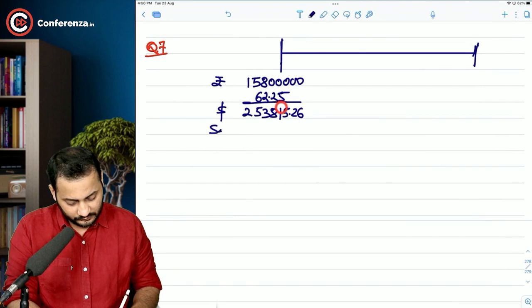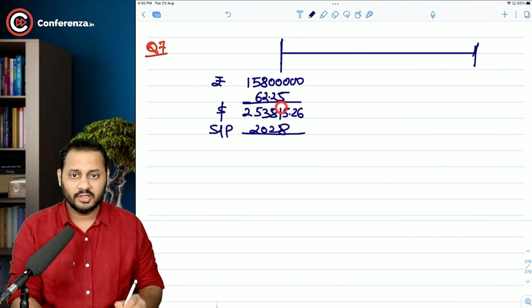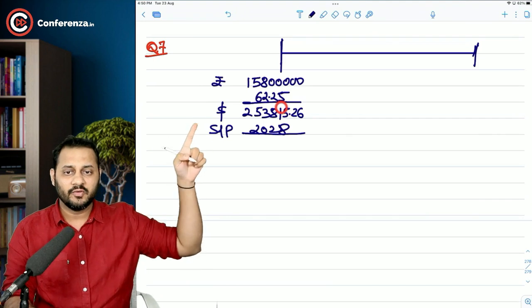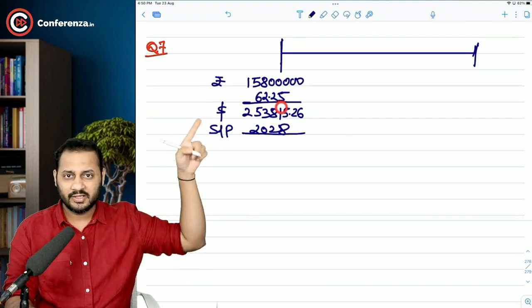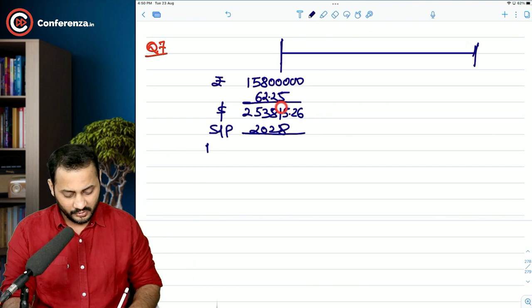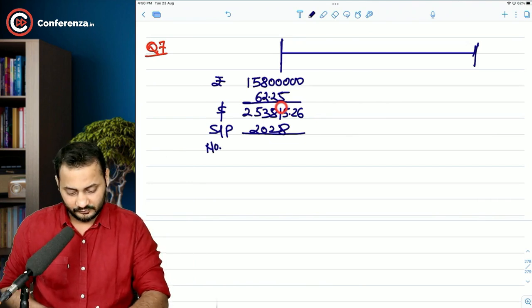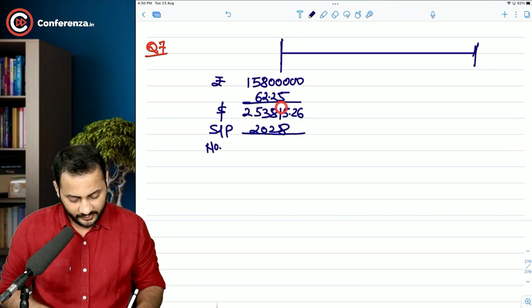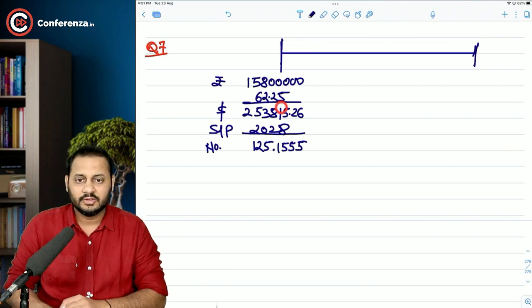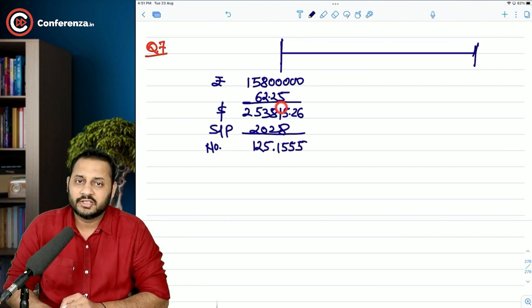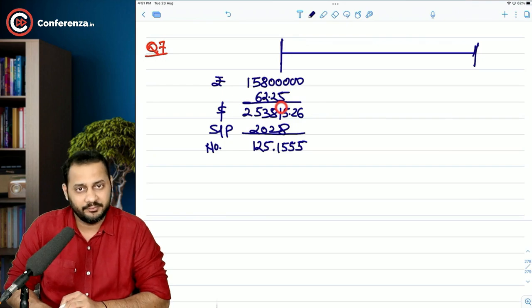So S&P index was 2028 for 1, right? So this much of the dollar divided by S&P, both of them are in dollars, you will get the number of S&P index that you have purchased. That will be 125.1555. This much of the S&P index you have purchased on the same day.